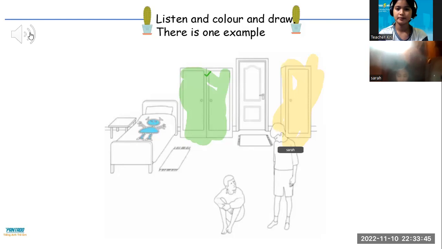Two. Now I want you to draw something. Good. What shall I draw? Draw a lamp. Where? On the small table next to the bed. Okay.